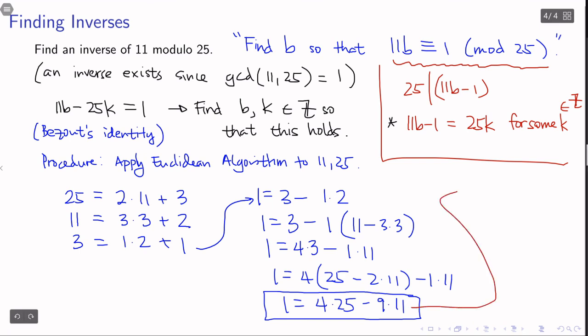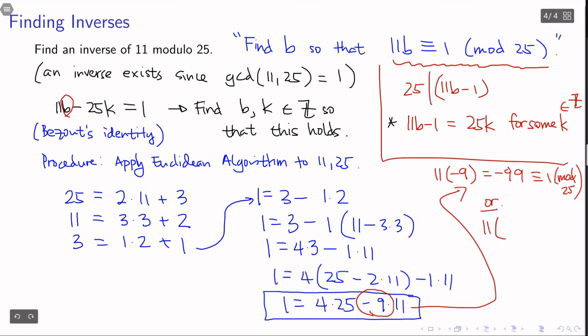And what this last equation tells me is this negative 9 number will work for b. And it's negative 9 here, it's not 9. Right? So if you multiply 11 by negative 9, you get negative 99, which is congruent to 1. Right? Modulo 25. Well, if you want something positive, you can just add 25 to that.